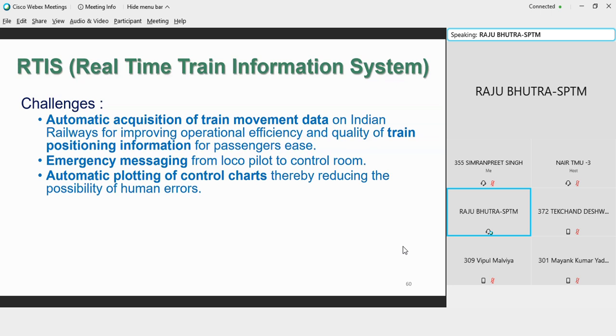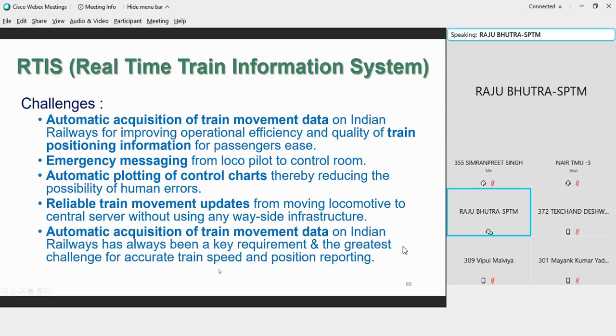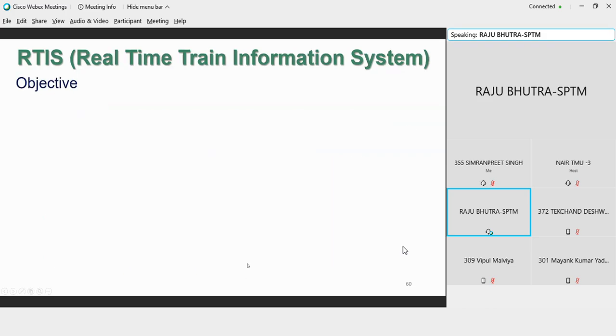If we are using the software, the real-time train information system, all the information can be entered automatically. Then it provides reliable train movement updates and automatic acquisition of train movement data on Indian Railways.